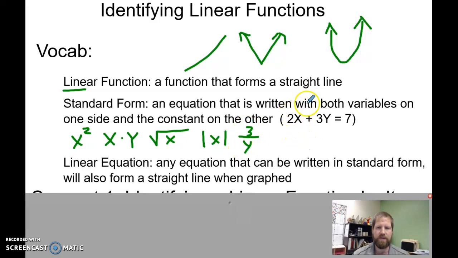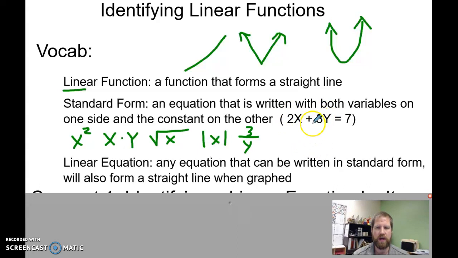All right, and the other thing is you cannot have 0 as the constant, so the number you're multiplying that variable by, for your y value. Okay, for your x value. Okay, you cannot have 0, no, for your y. Man, I'm getting it backwards. For your y.